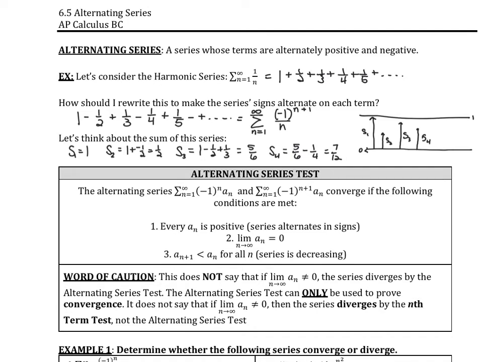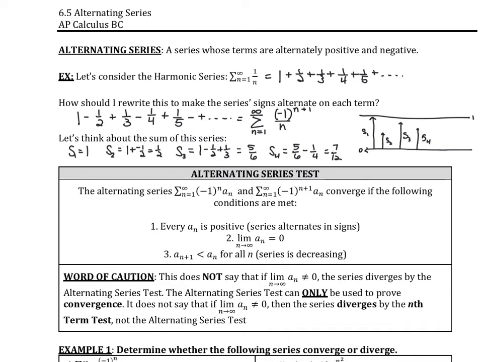So we have something called the alternating series test. And the alternating series test only tests convergence, but what it says is that if we have an alternating series, it will converge if 3 conditions are met. The first is that the a sub n, the part without the alternating, is always positive.